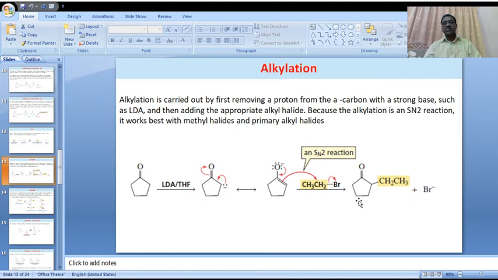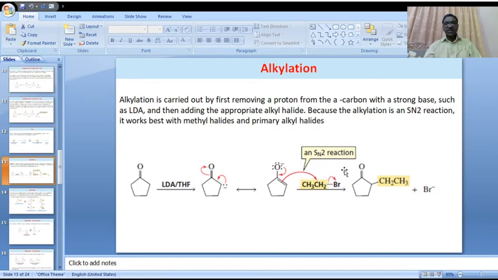That mechanism is called an SN2 reaction. Because the alkylation is an SN2 reaction, it works best with the methyl halide, or we can use any primary alkyl halide.